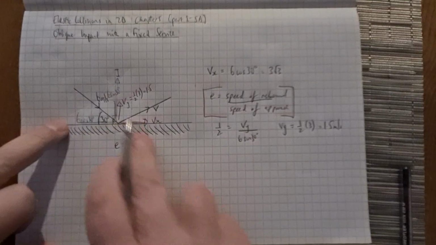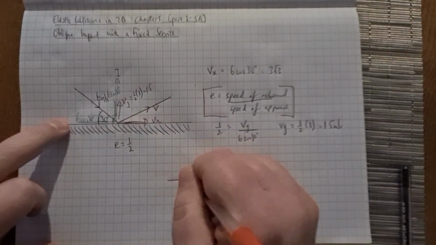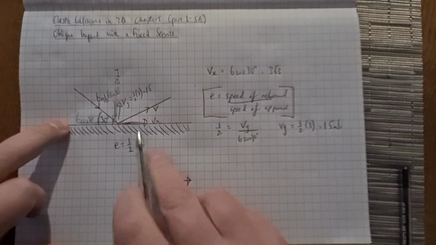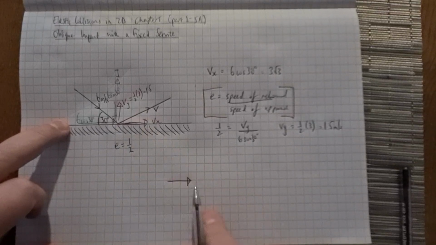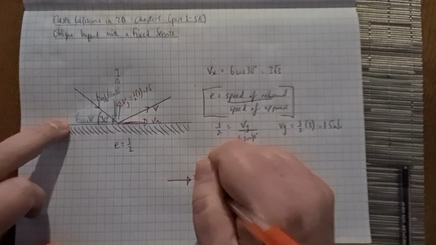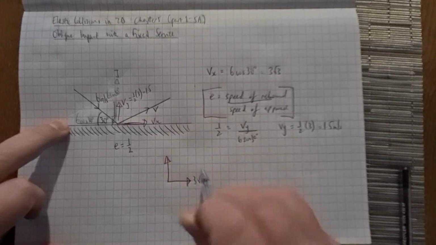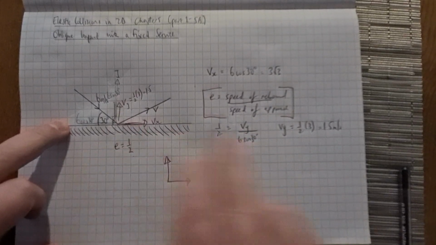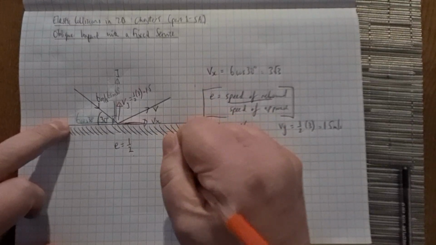So therefore we have our 2 components. The horizontal component of v is going to be 3√3, and the vertical component is going to be 3/2.